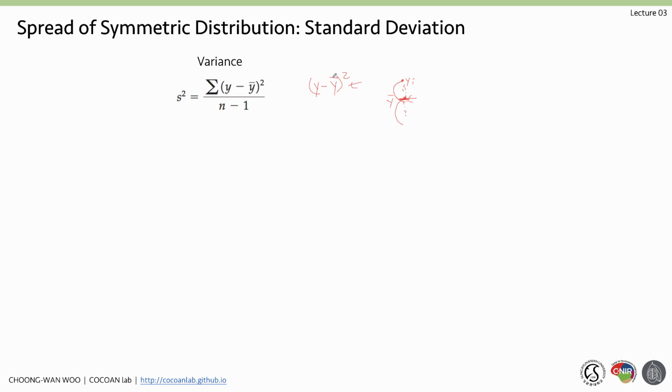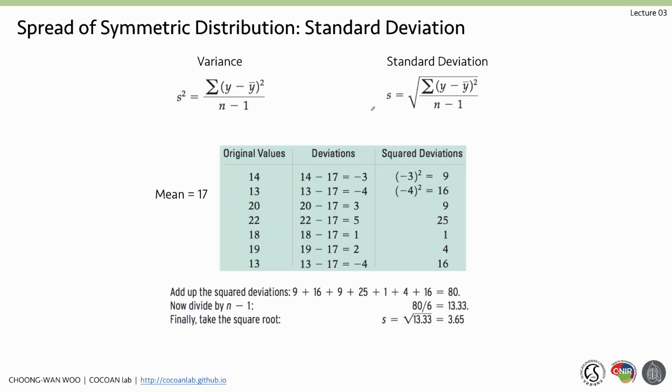So y minus y bar, square it, sum it, and divide that by n minus 1. Why n minus 1? I will teach you why in a later lecture. It's related to degrees of freedom, but it's coming later. And this is variance, and the square root of that variance is the standard deviation.